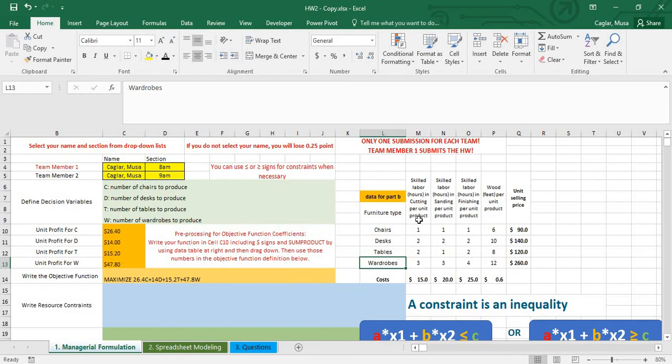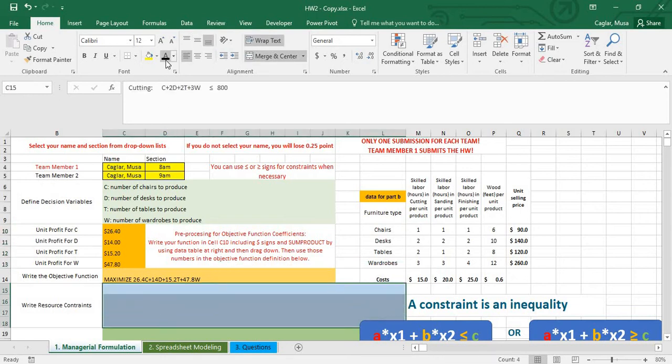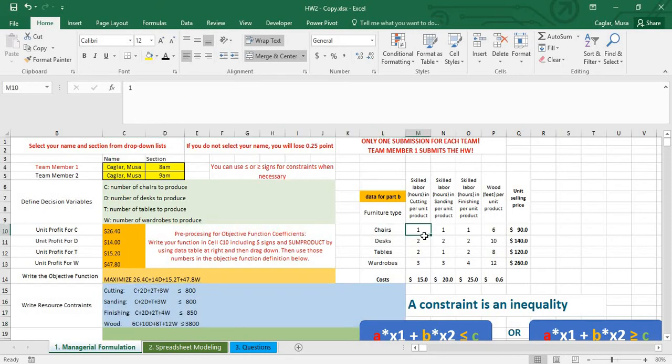So for instance, for this cutting, I'm gonna use these numbers that are the resource usage of that resource. For this one, I'm going to use 1, 2, 2, 3, and I multiply these numbers with the decision variables C, D, T, W. This is the resource usage for cutting.